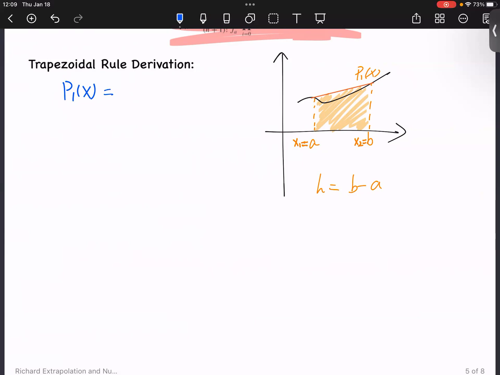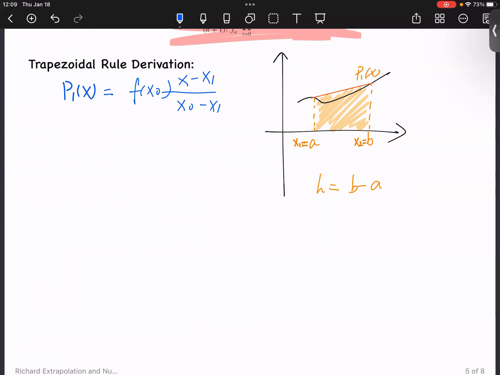For the first term, I have f(x0) as the coefficient, and for the basis function, I have (x minus x1) divided by (x0 minus x1). I'm just substituting the j with 0 here, and that is the L0(x).